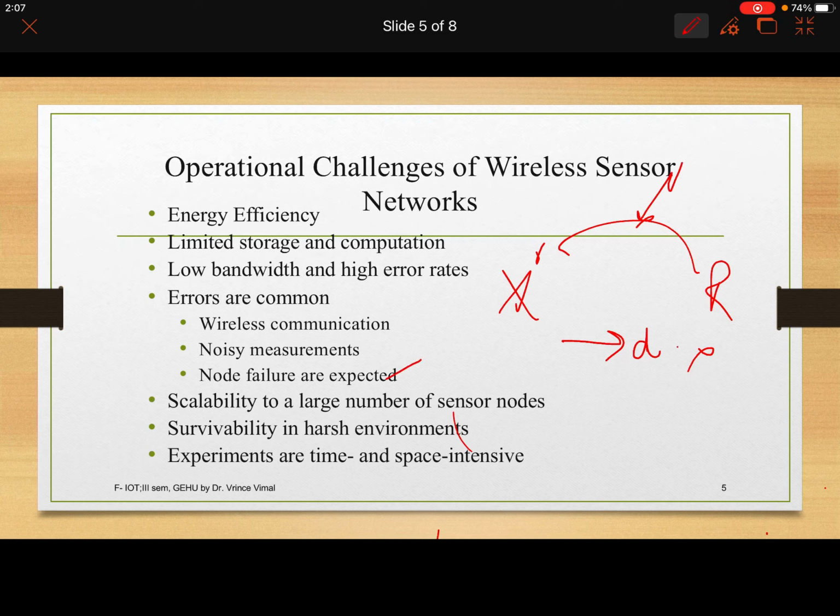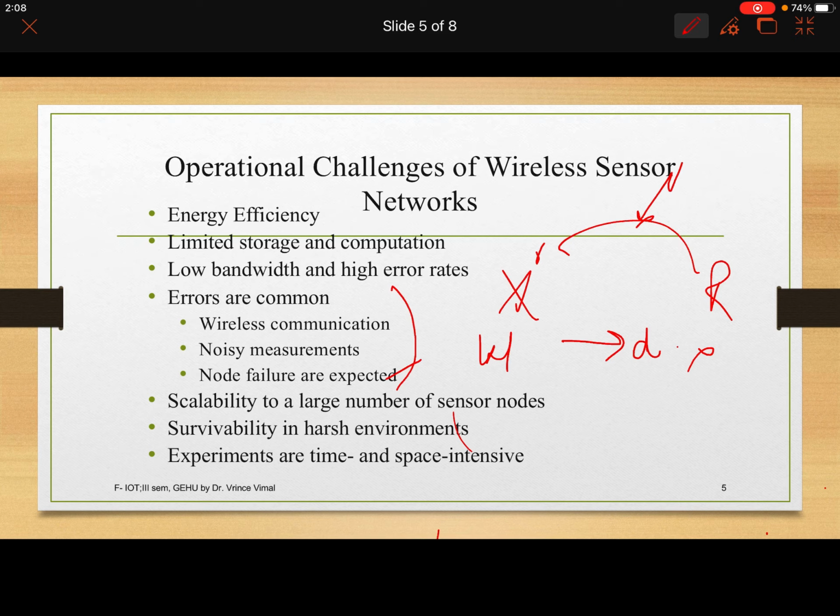Then node failure. A node might drain its energy, might be damaged, or maybe captured by the enemy. So all these things, when we talk about WSN, we say that uncertainties are endemic to wireless sensor networks.